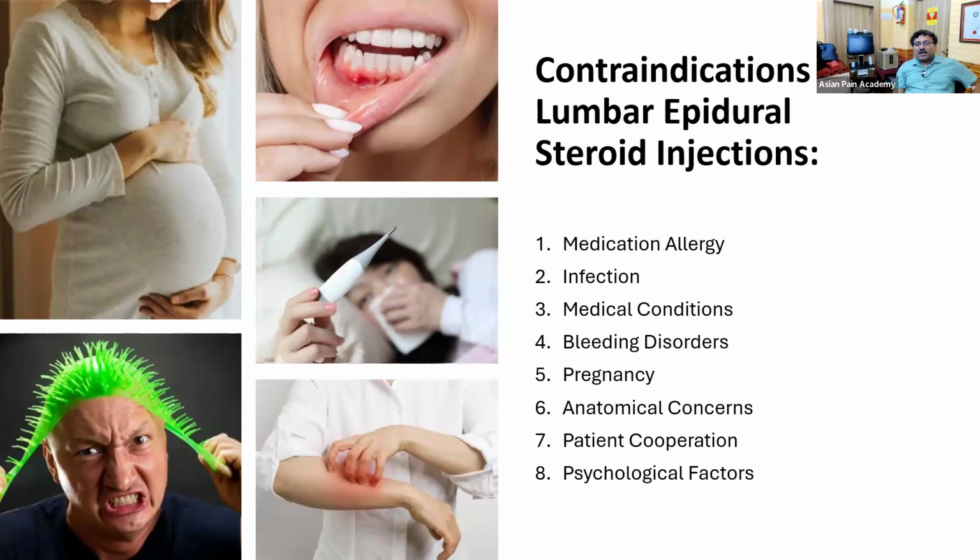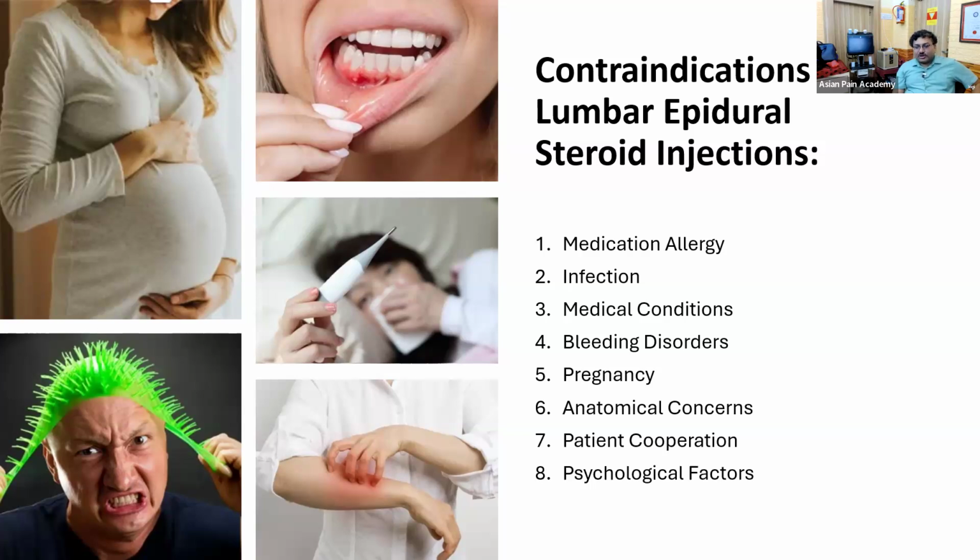Then, if the patient has an uncontrolled bleeding disorder or other medical conditions that do not allow for safe performance of the procedure, we should always stop the procedure. Next comes pregnancy, again a relative contraindication because we cannot use fluoroscopy there.